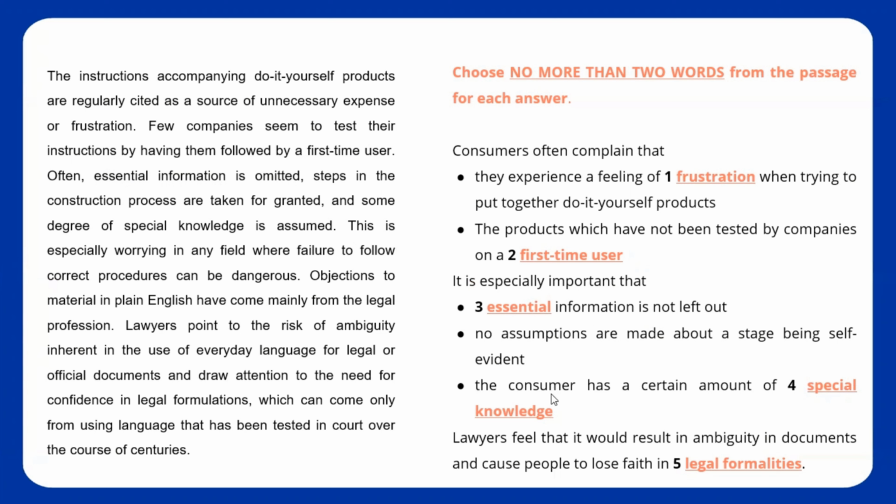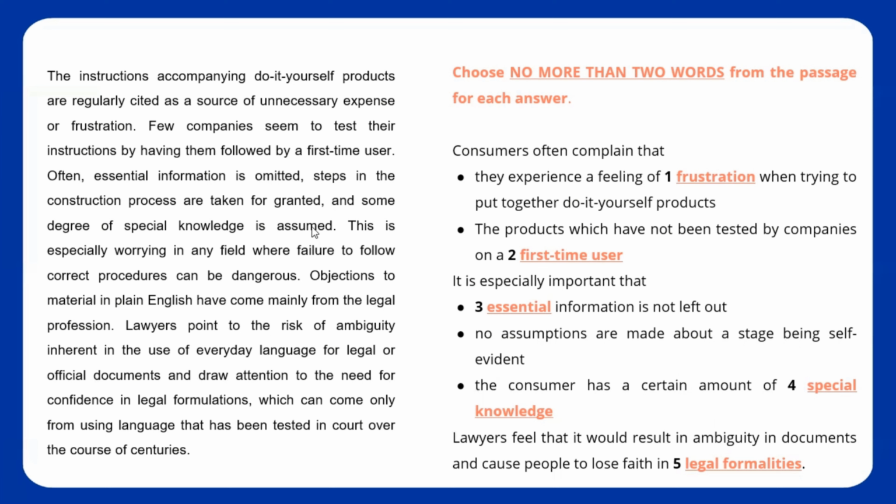Moving on to question number 4. Question number 4, the crux is consumers, they have a certain amount of dash. So what exactly are you looking out for? So underline the keywords. Assumptions is a keyword. At the same time, self-evident is also something which should give you the answer.